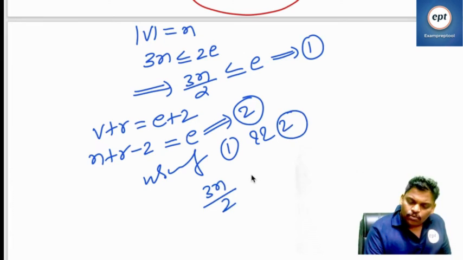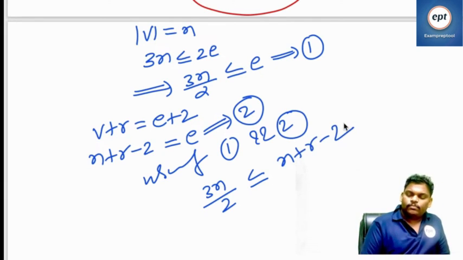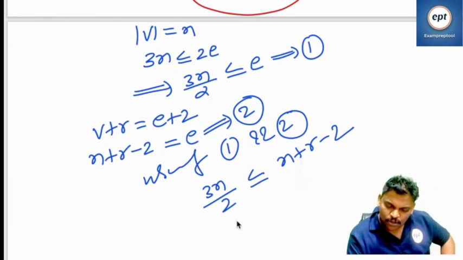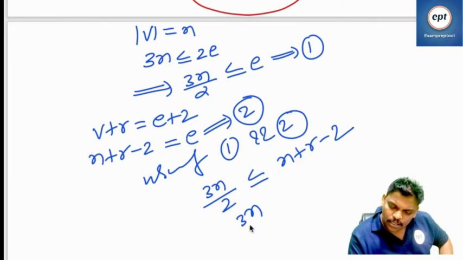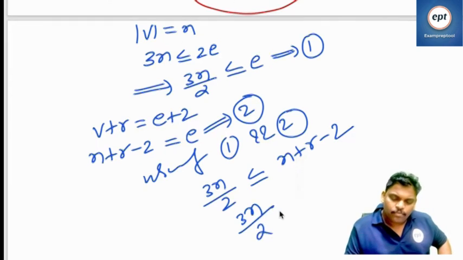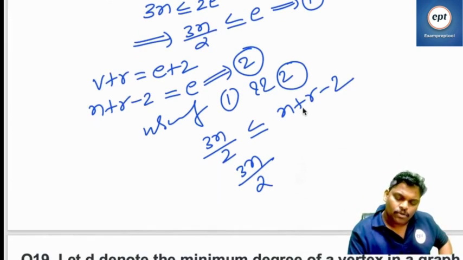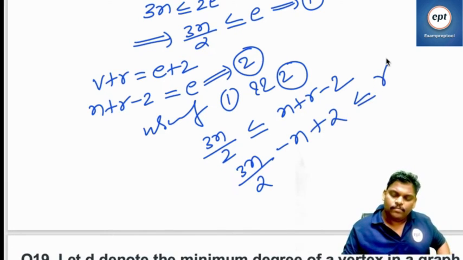3n by 2 is less than or equal to e, and what is the e value? n plus r minus 2. So 3n by 2 minus n plus 2 is less than or equal to r.